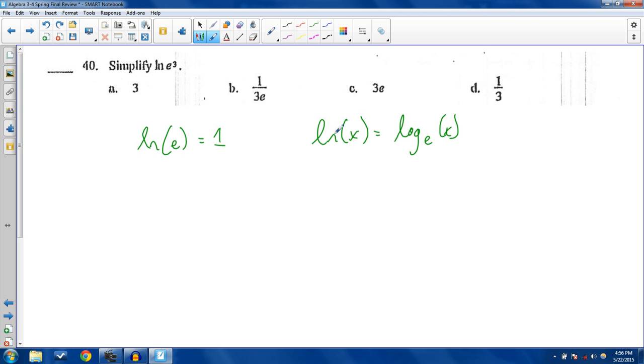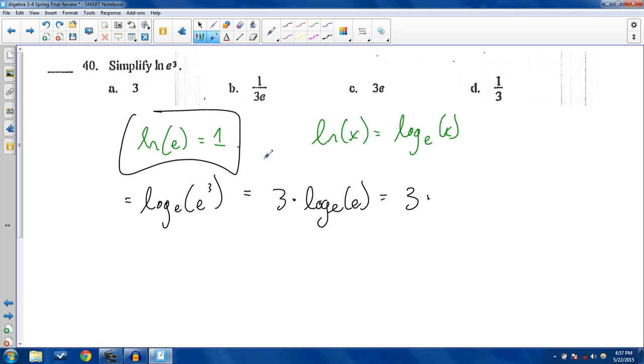So natural log is taking the log with a base of e, which is literally what it means. You could change natural log to log base e if it helps you. This becomes log base e of e cubed, and you can take that 3 and multiply it in front of log base e of e. Log base e of e, the natural log of e, is 1, as we just said. So this will be 3 times 1, which is 3.